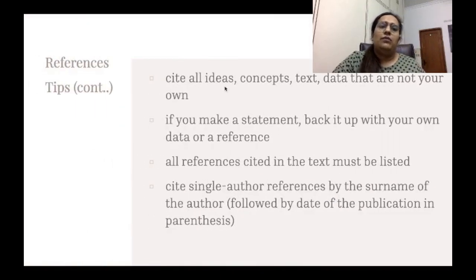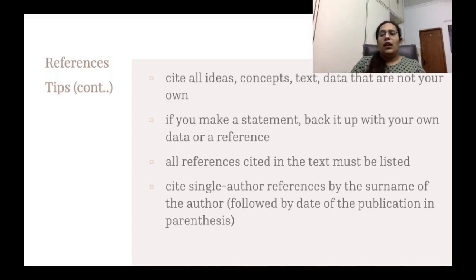When you are citing references, try to have a proper, constructive way of explaining what exactly the reference means, and cite it in a proper way. Try not to have any mix-match or cross references in between, because sometimes cross referencing helps a lot, but sometimes it makes things complicated.